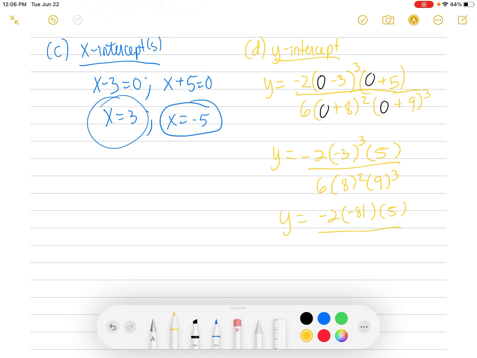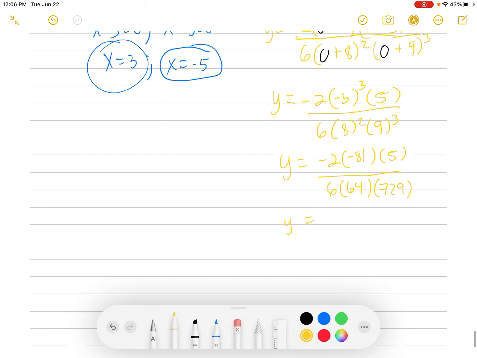Negative 3 to the 3rd power. What's negative 3 to the 3rd power? It's negative 3 times negative 3 times negative 3. That's negative 27, and then times a 5. Then on bottom, we're going to have 6 times 8 squared is 64. 9 to the 3rd power is 729, right? It's 9 times 9 times 9 is 729.